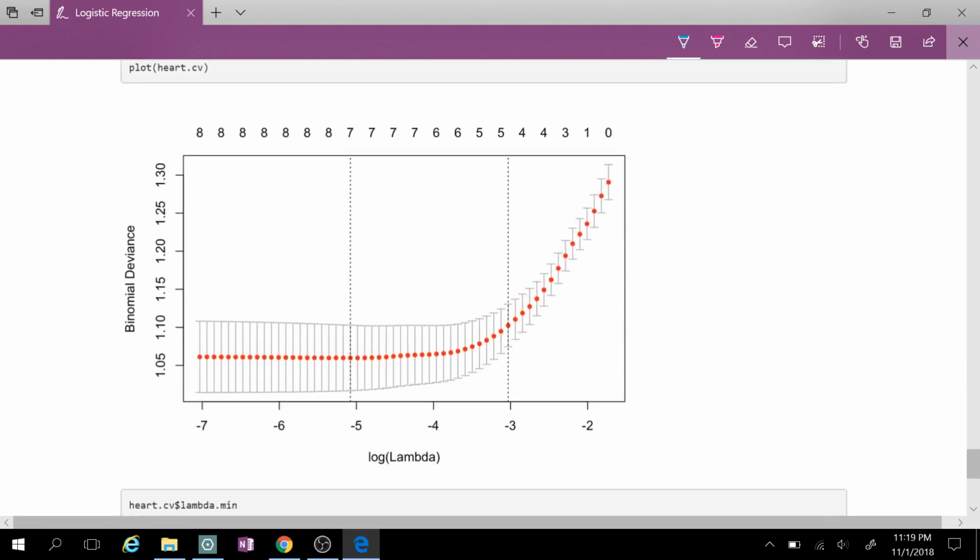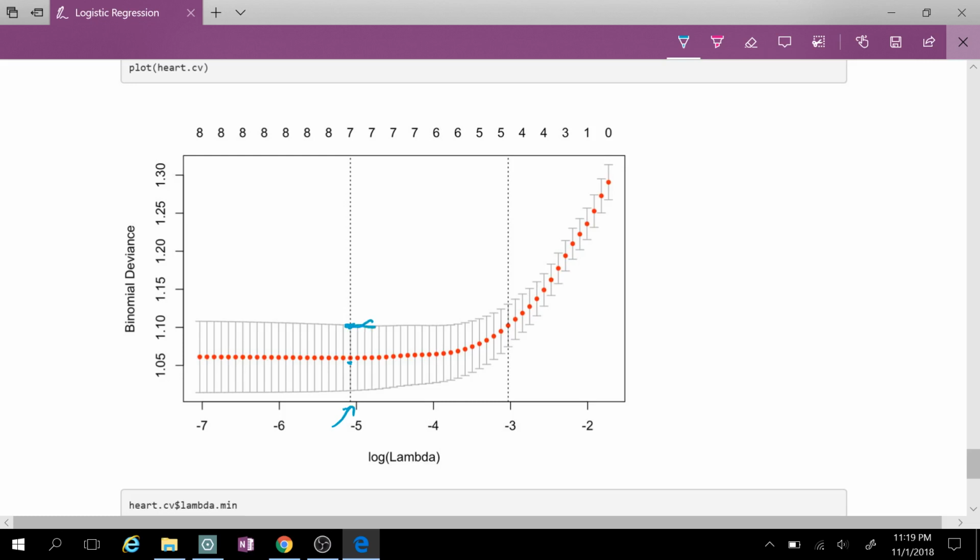Now we know how to interpret those 2 dashed lines. This is lambda min, the lambda value that gave us the smallest cross-validation error. And then we regard any error below the upper one standard error as equivalent. So this is one standard error above the smallest error, and any error below this would be regarded as equivalent.